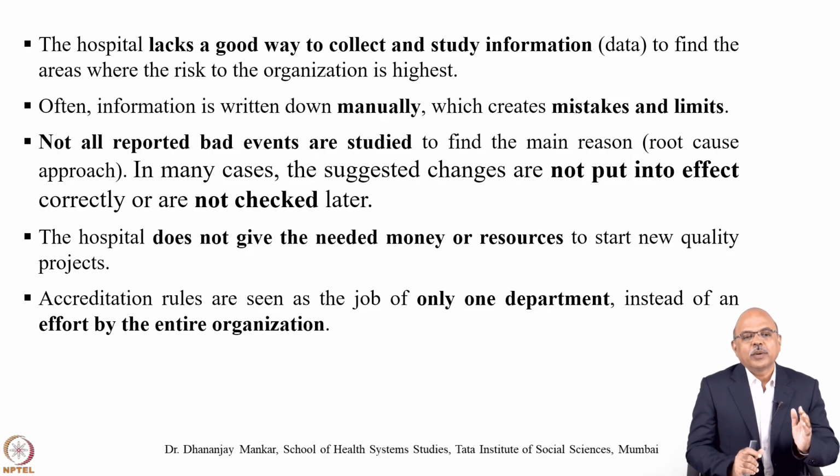So, not all reported bad events are studied. It is not that people don't learn from mistakes, but finding the main reason, the root cause, is very important. You can learn from the mistakes when you reason to find out the cause, which is seen only through root cause analysis.